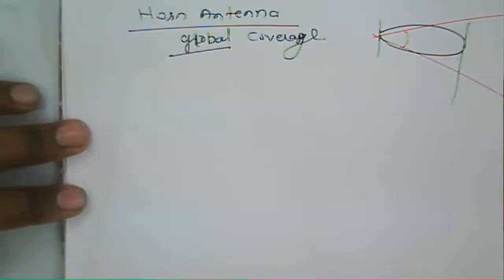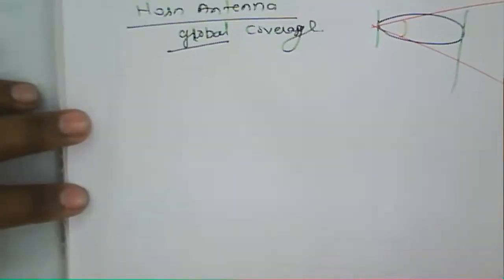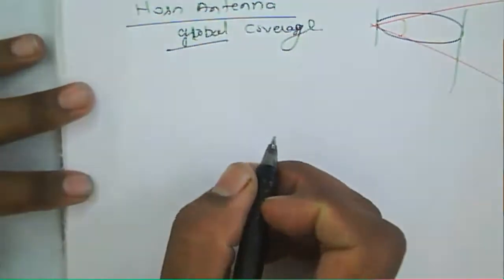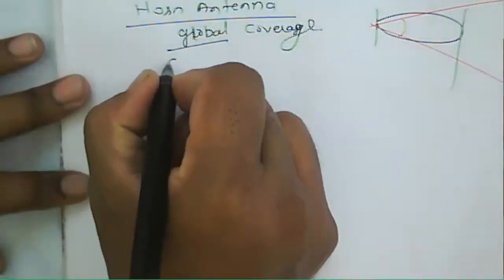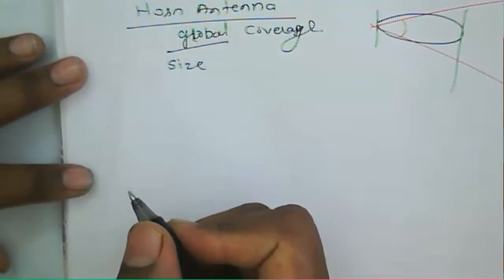The area coverage of the antenna depends upon how we are focusing the antenna, or what the gain of the given antenna is. In that case, we need to know about the size of the antenna.